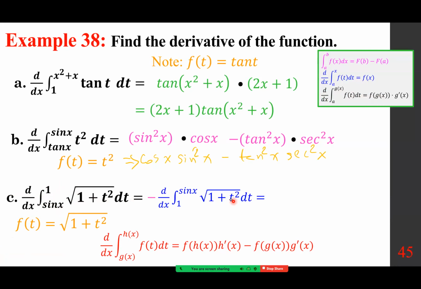So replace the t into this function with sine x by the chain rule times its derivative, which is cosine x, and we put the cosine x in front. See, we kept the negative sign. It's important to know the negative sign, of course, doesn't go away.